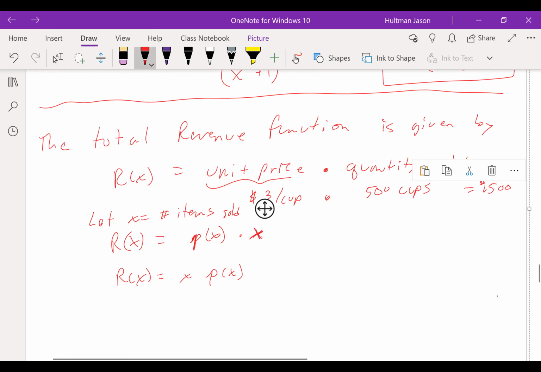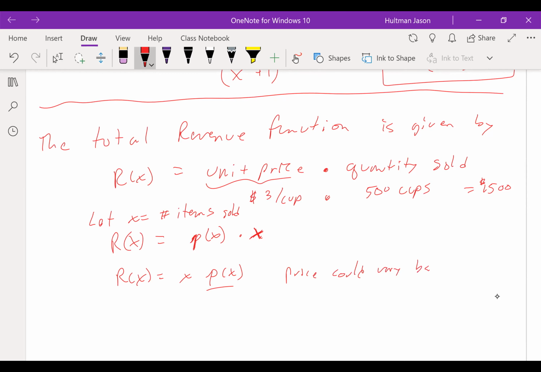Because sometimes the price varies depending on how many you buy, right? So that's why it's a function of X. The price could vary based on quantity, based on number bought. If I buy, say, 20 pencils, maybe each pencil is 10 cents.